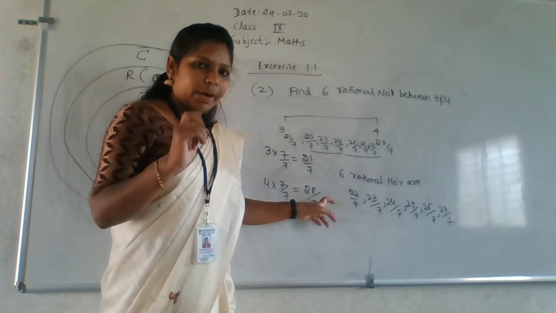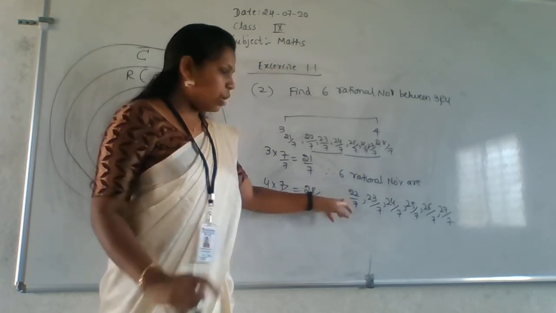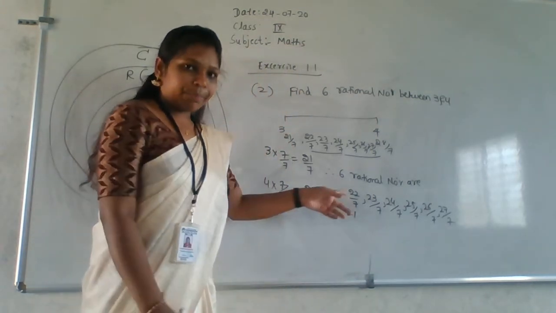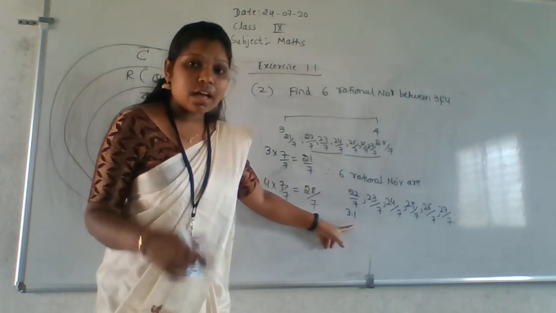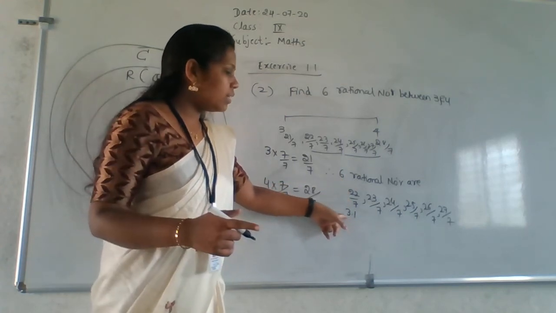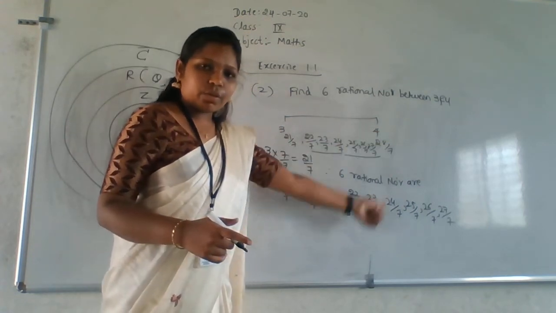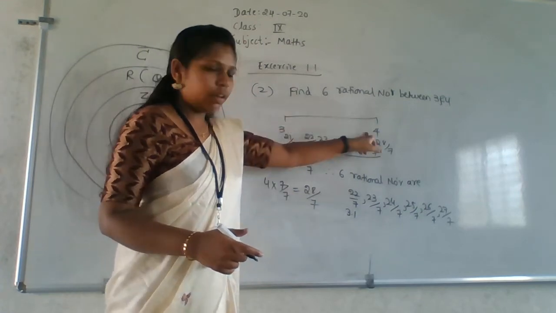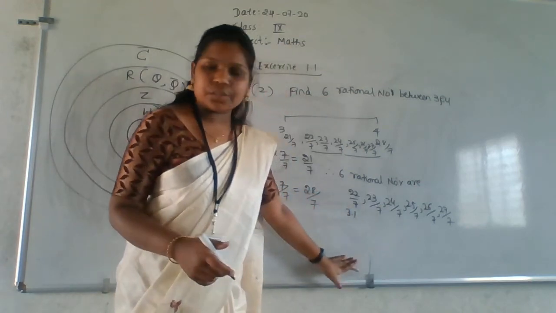Put a point, take 3.1, and 7 ones are 7. So you get 3.1 as the quotient. Obviously 3.1 lies between 3 and 4, so that is a rational number between 3 and 4. They asked for 6 rational numbers, and I have written 6.